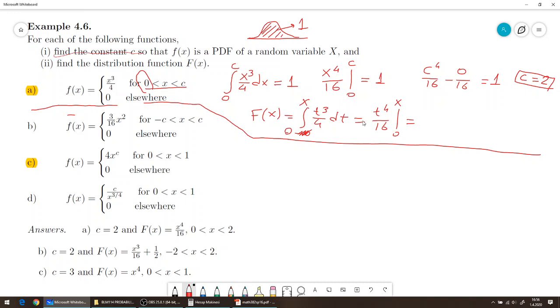I think you see that it is x power 4 over 16. It is uppercase F of x.